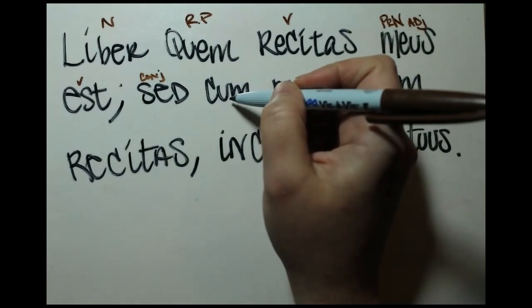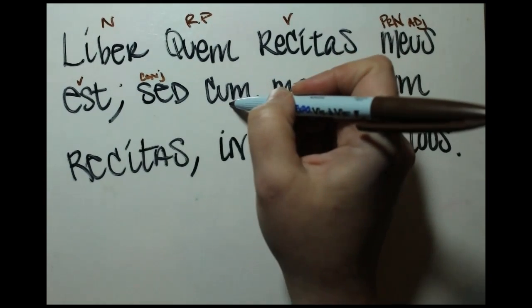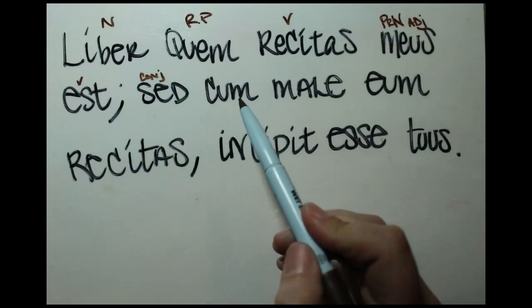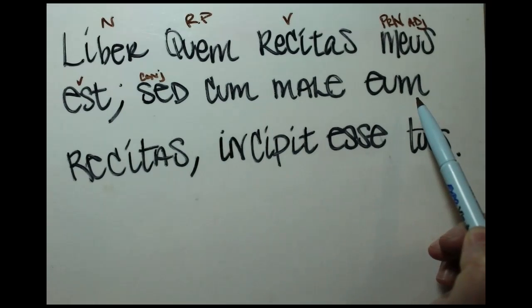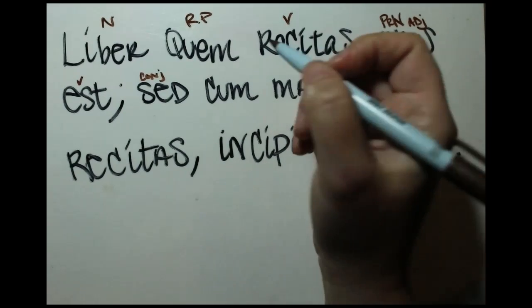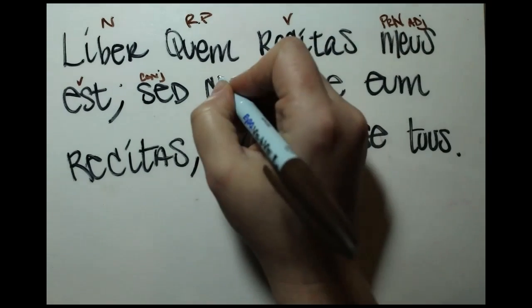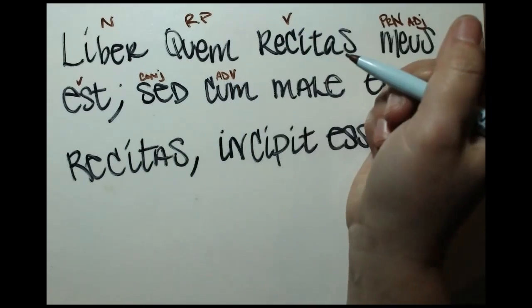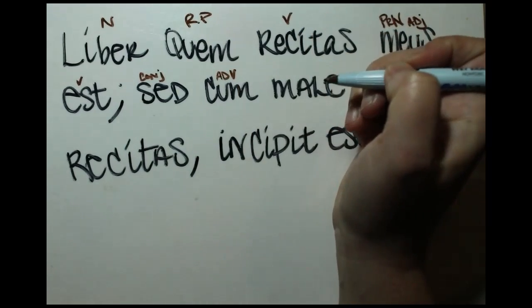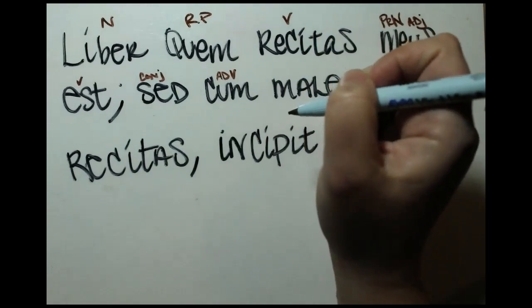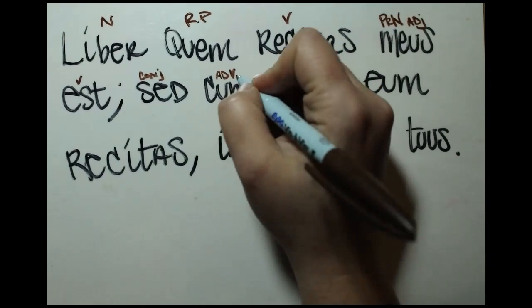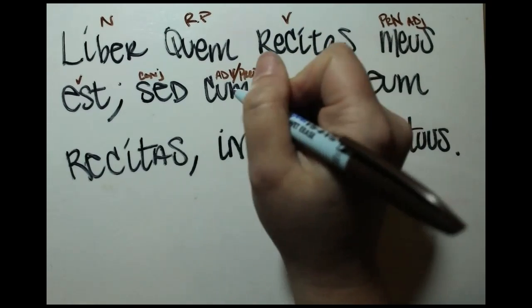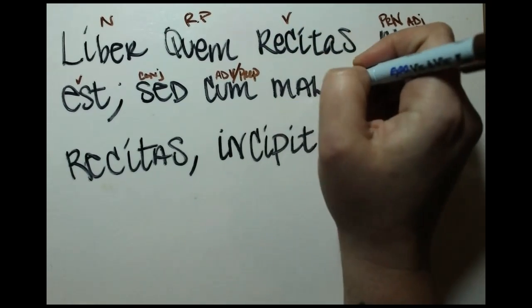Cum, usually we think of cum as a preposition, but here it's acting without an ablative. It's working more as an adverb, its own kind of construction here. We're going to have something called a cum clause that we will talk about. So we'll do an adverb, but we know it's a preposition. It's introducing something else.